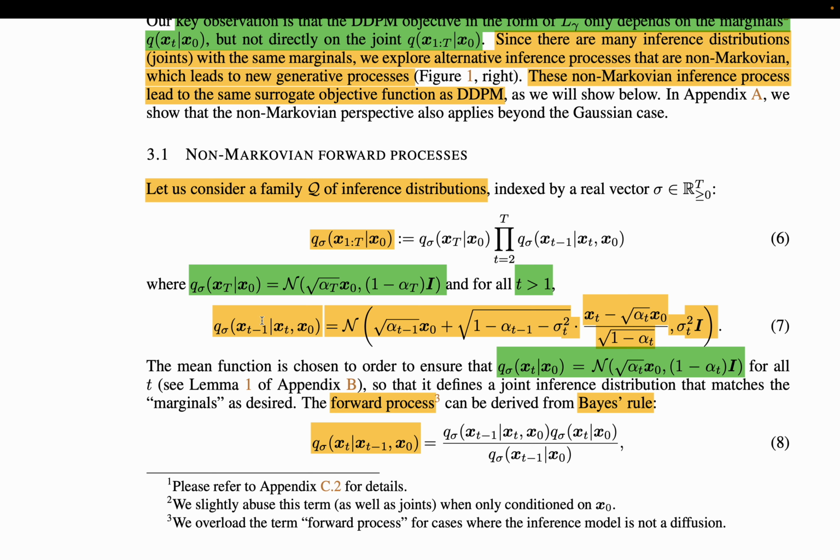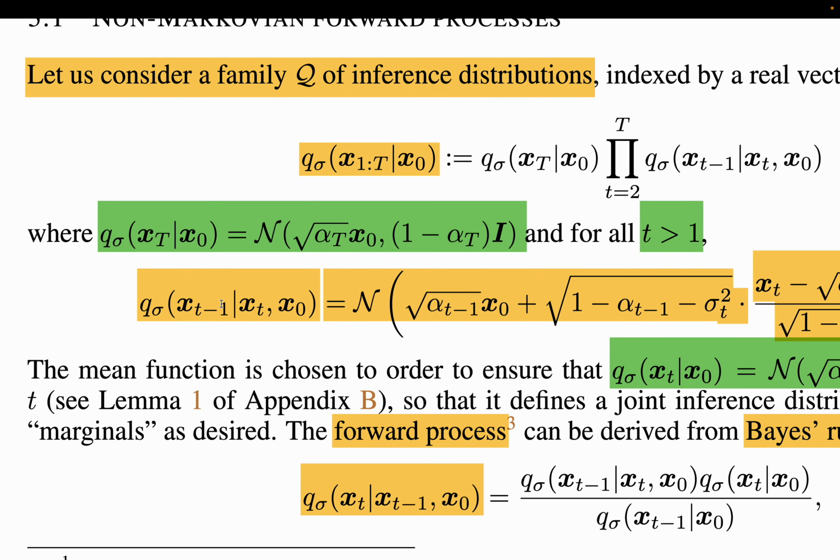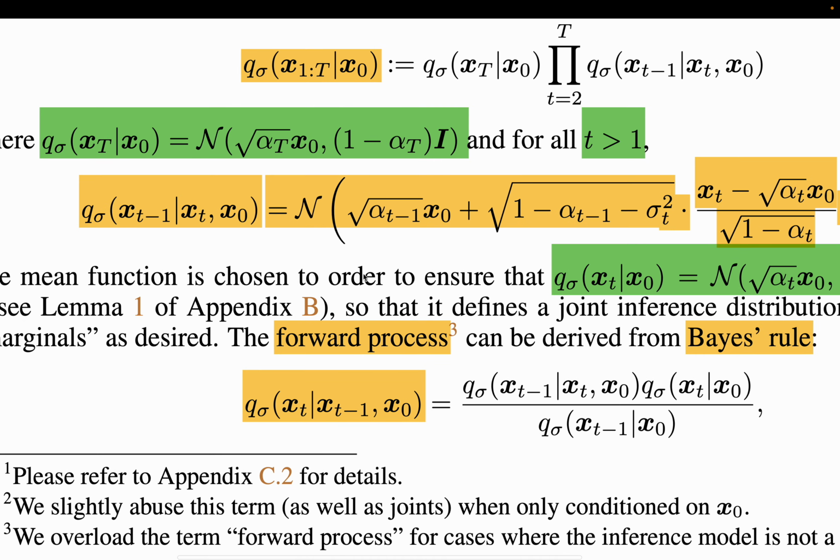There is a proof in the appendix, appendix B, Lemma 1. So that's the reverse process: we go from xt to xt minus 1, but conditioned on x0 as well. And we can also find the equation of the forward process using Bayes' rule.